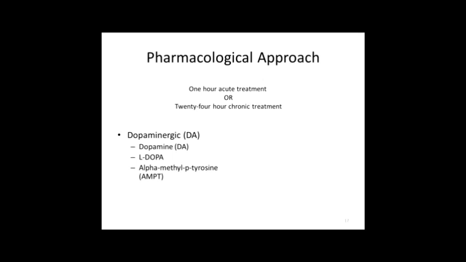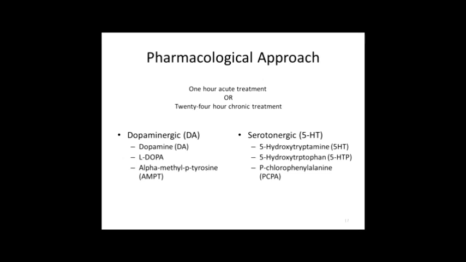Starting my experiments in the pharmacological approach, depending on which experiment I was doing, I could do a 1-hour acute treatment or treat the larva for 24 hours chronically. I used 2 different drug families, dopamine and serotonin.